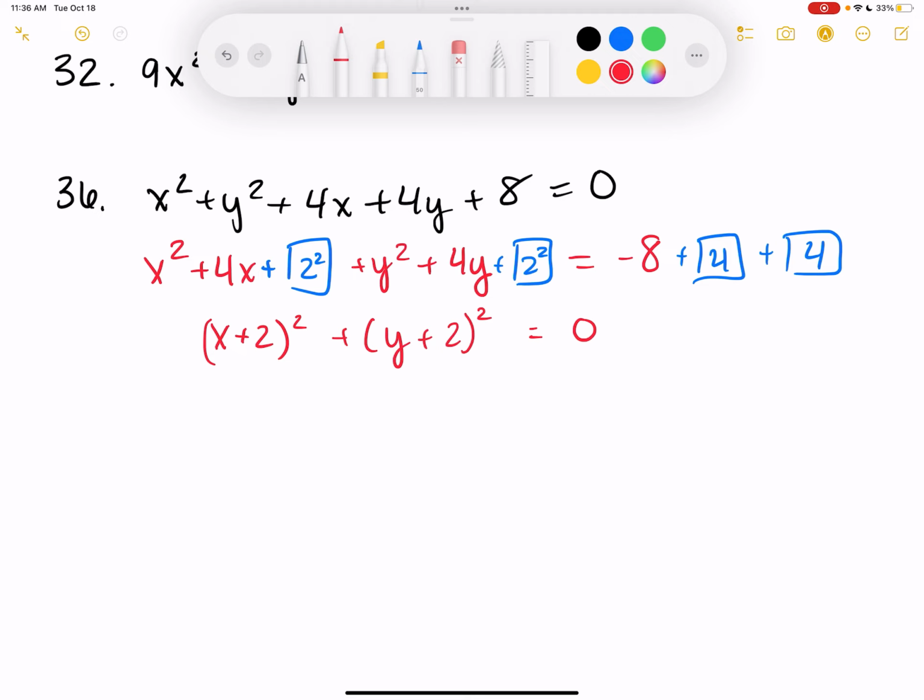Now, what'd you get for the radius? What did you have for your radius? Is that what's on the right side? Oh, 0. So can that be a circle with a radius of 0? No. So this is not an equation of a circle. But technically that was right, other than the fact that you said x there.